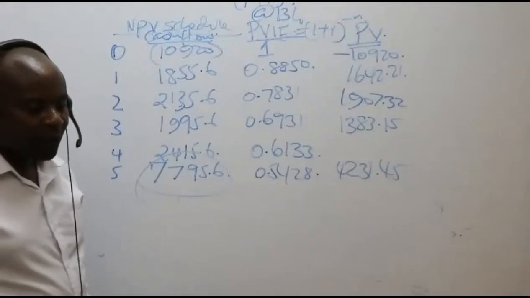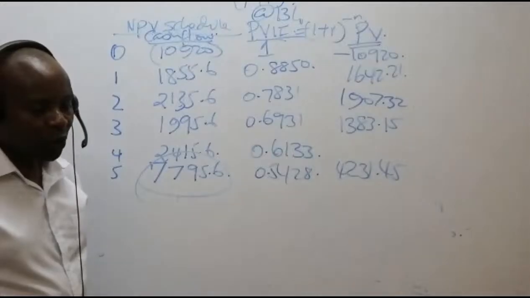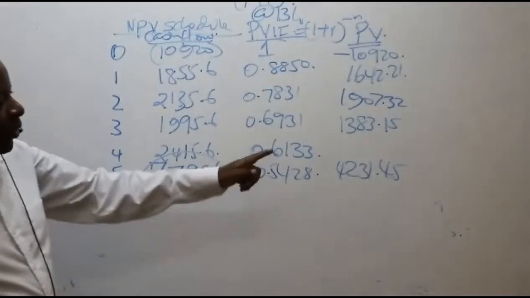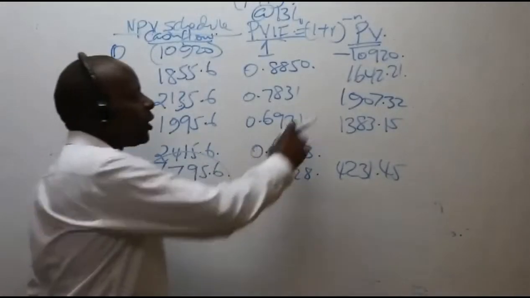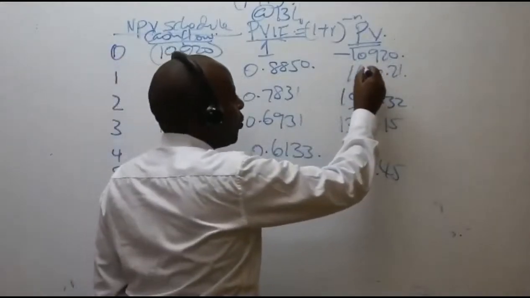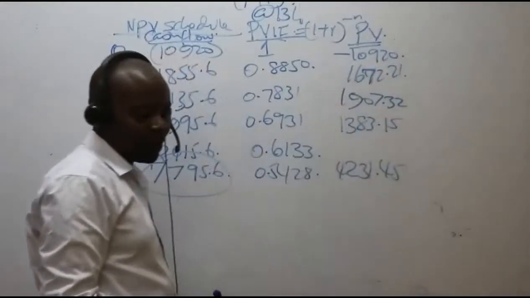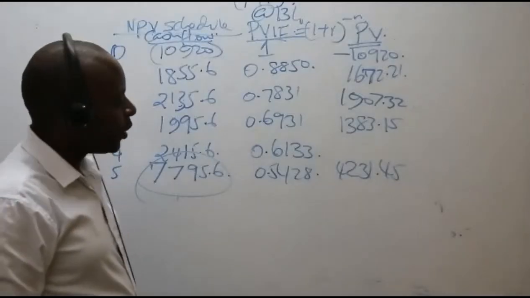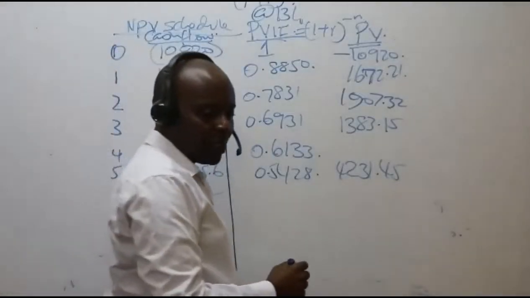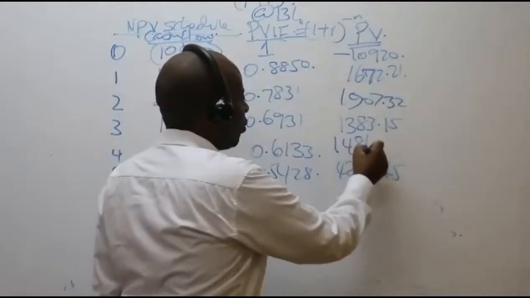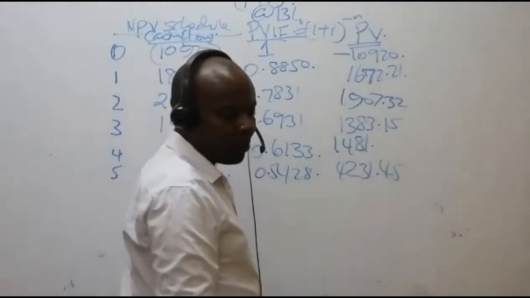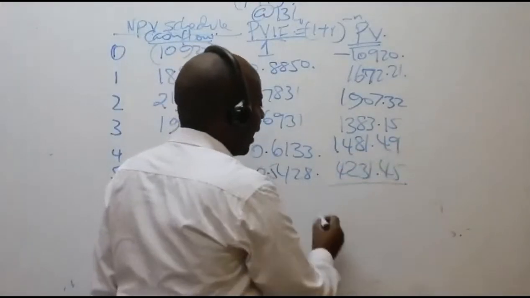The second I'm told is supposed to be 1672, not 42. This one I'm being told is supposed to be 1672. So the last one here is 1481.49. So could you kindly come and add for me?